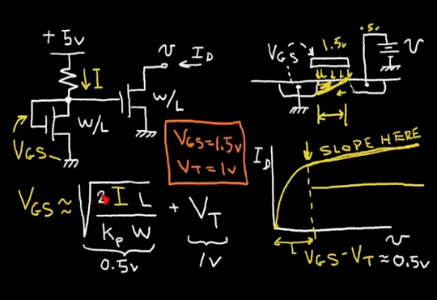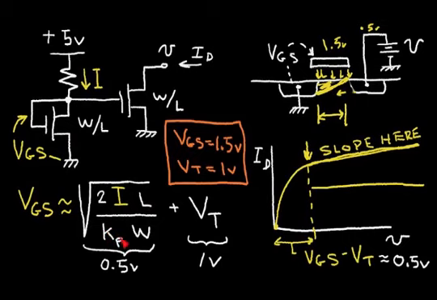So under the square root sign, we have 2 times a current, and that's the current flowing in our resistor or flowing in the drain of the transistor at the left. This W is a transistor width, and L is a channel length.